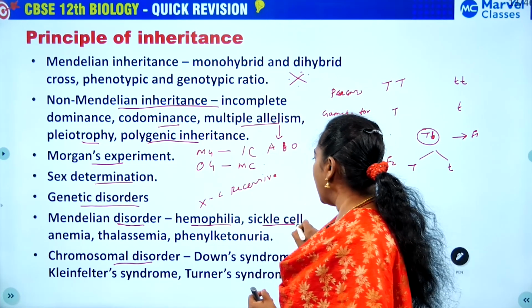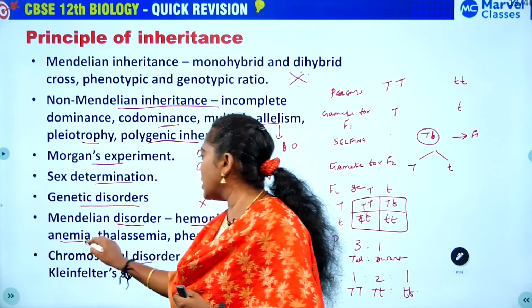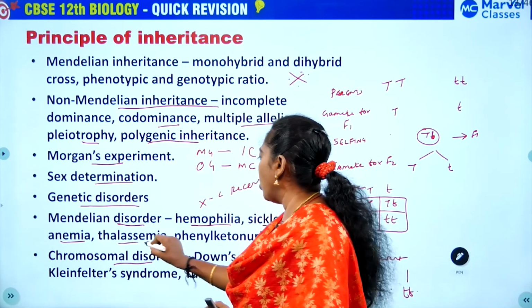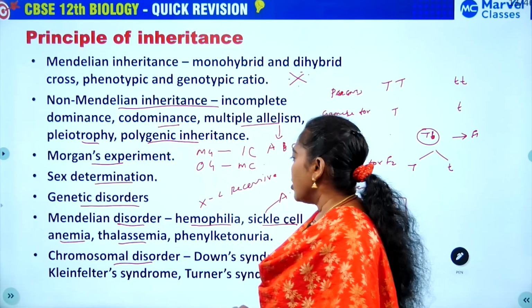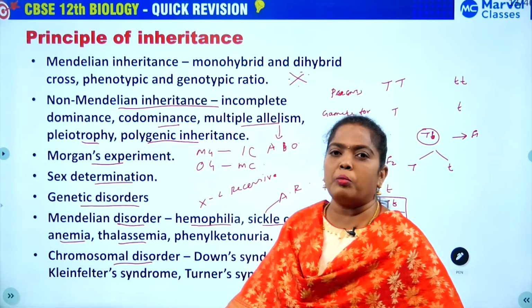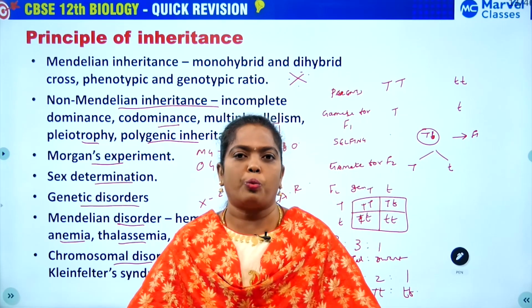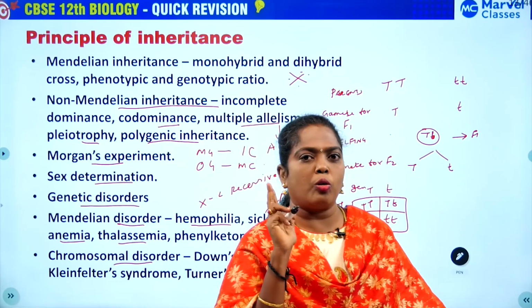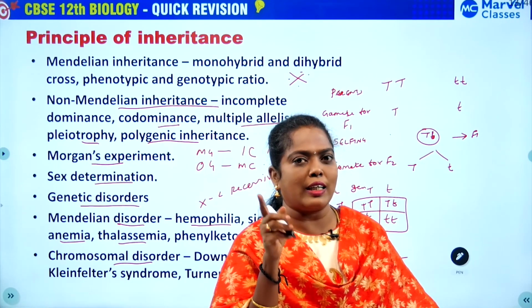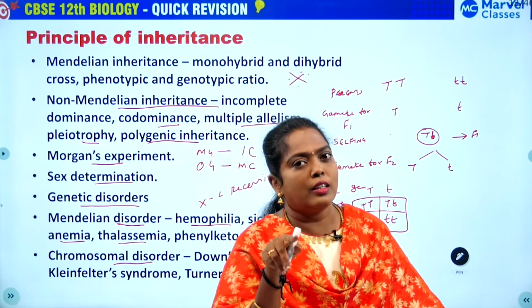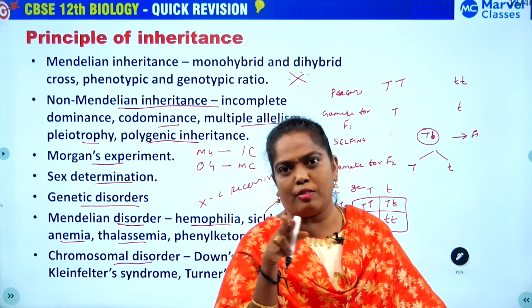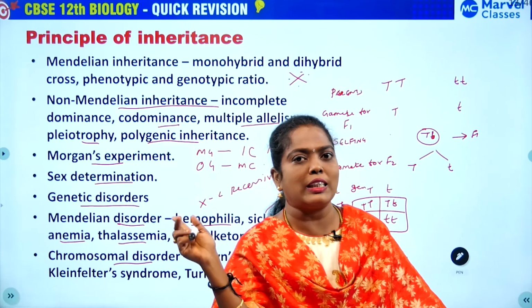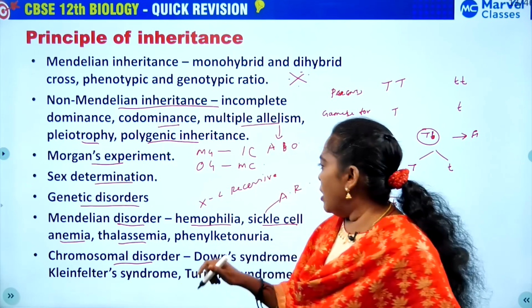Then sickle cell anemia and thalassemia, both are autosomal recessive diseases. Sickle cell anemia is a qualitative disorder where, in the hemoglobin, there are 2 beta chains. In the second beta chain, in the 6th position, instead of glutamic acid, valine will come. That will result in sickle cell anemia.